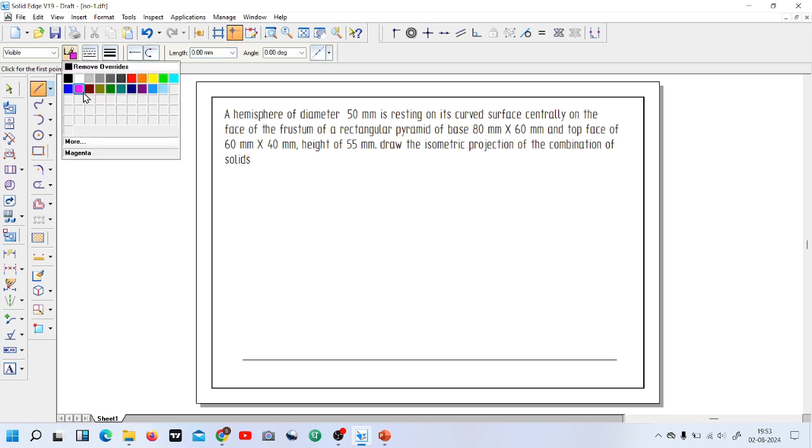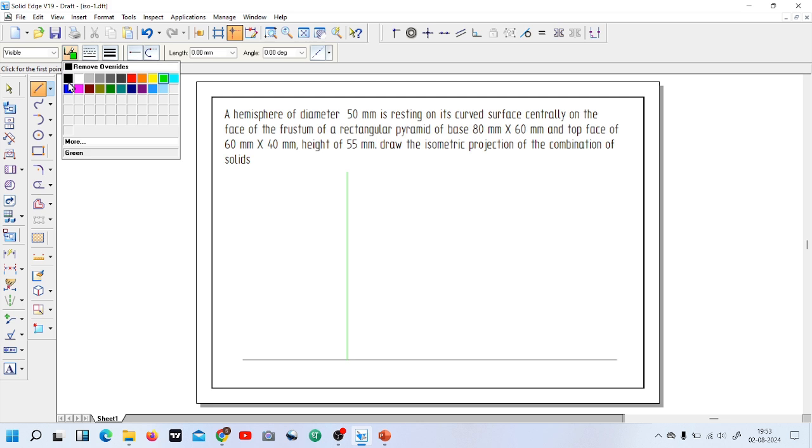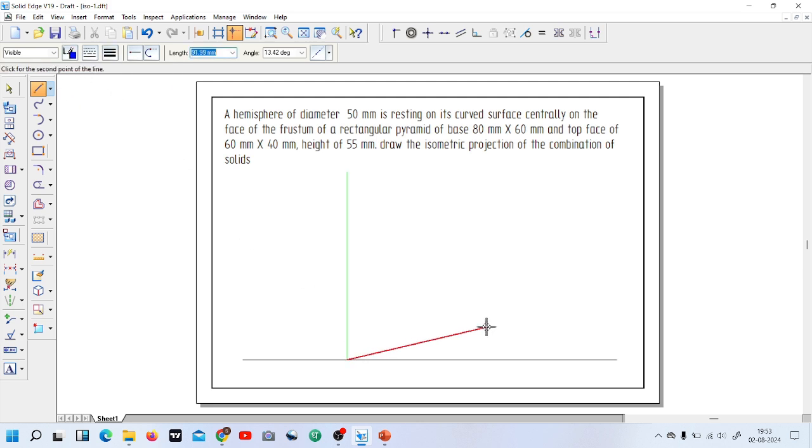For this one I am going to draw a very thin vertical line. From this corner point I will start drawing: 80 mm at 30 degrees, then 60 mm at 150 degrees, again 80 mm at minus 150 degrees. Let us close here.